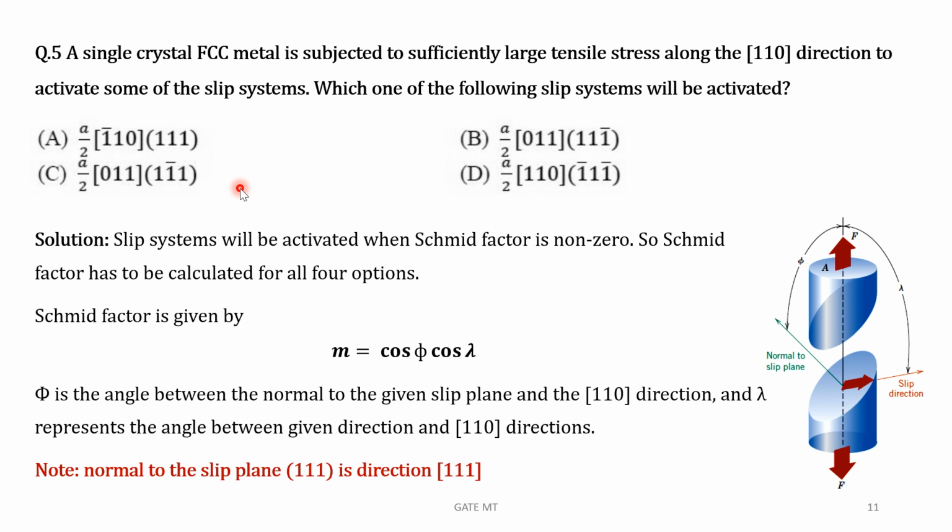This is actually a 2 mark question, so you can take slightly more time compared to the XRD related questions. So calculate the m value for the options, and whenever you find a non-zero answer, that will be your answer. So the slip system will be activated in that particular plane and direction. So can you please calculate?